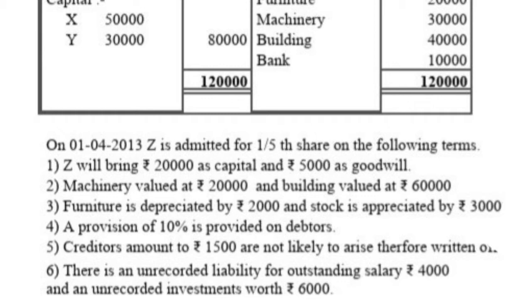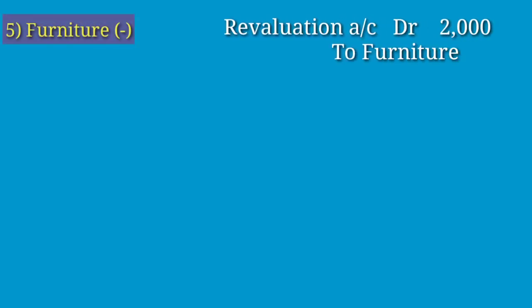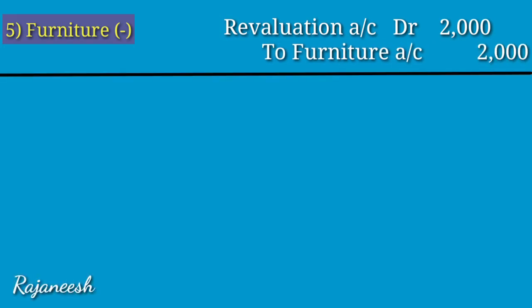So when an asset is decreased, we have a loss. When the asset value is decreased, we will credit the asset, and when the loss arises, the revaluation account will debit. So the journal entry is revaluation account debit 2000 to furniture account 2000. Only the profit or loss we have to record. Here 2000 is the loss amount, the depreciated amount.